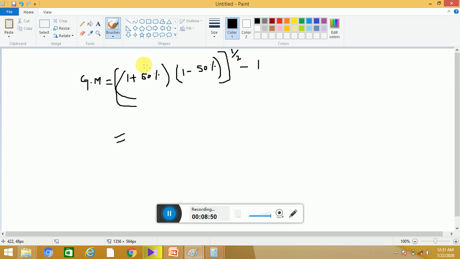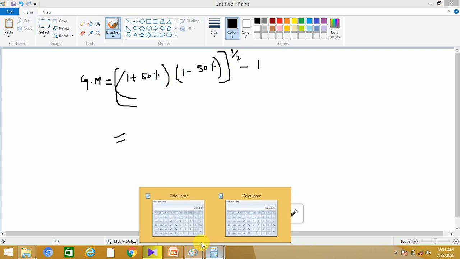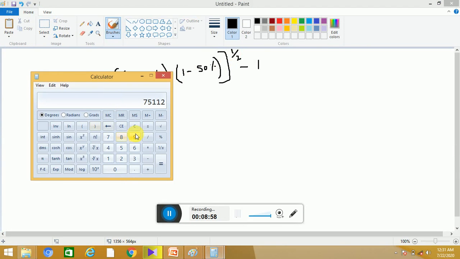Now use the calculator. 1 plus 50% multiplied by 1 minus 50%, raised to the power 1 over 2. So 1 plus 50 means 1.50, multiplied by 1 minus 50, which means 0.50, so we got 0.75.